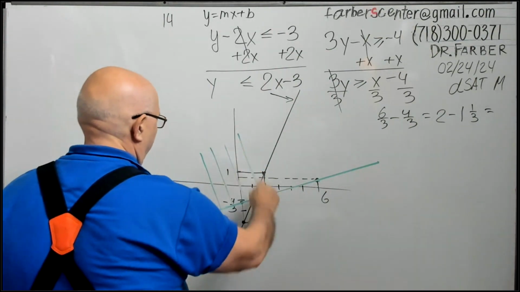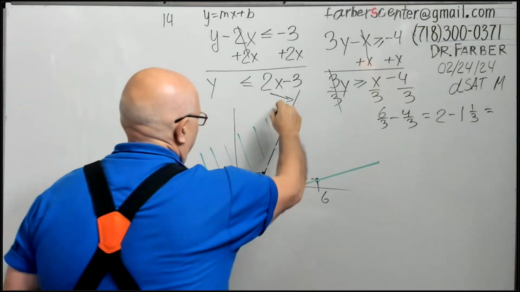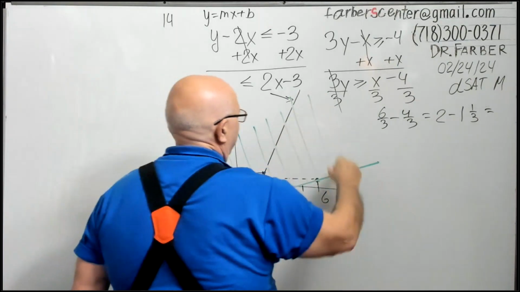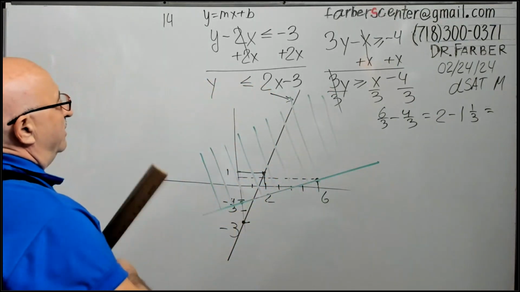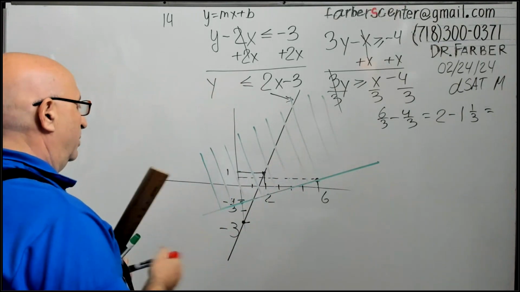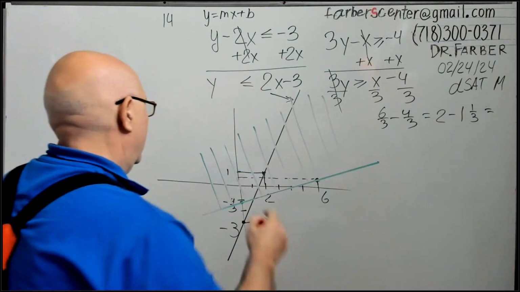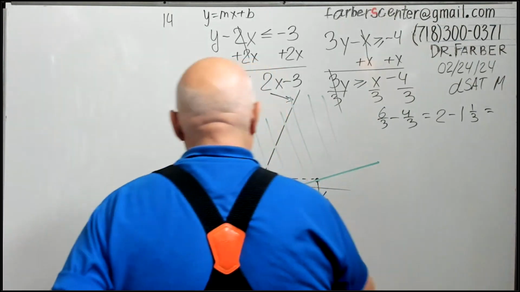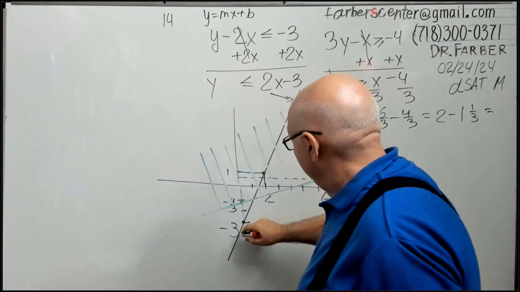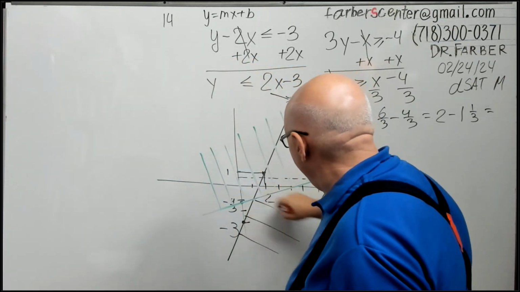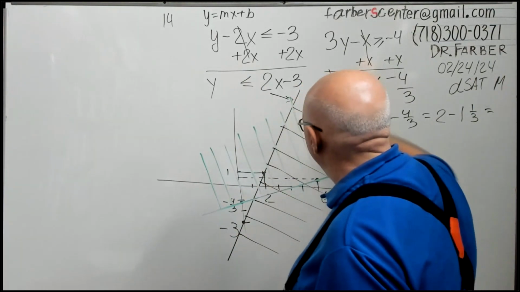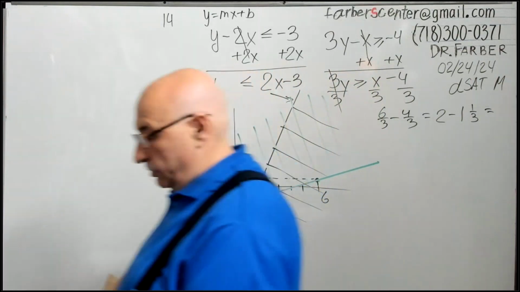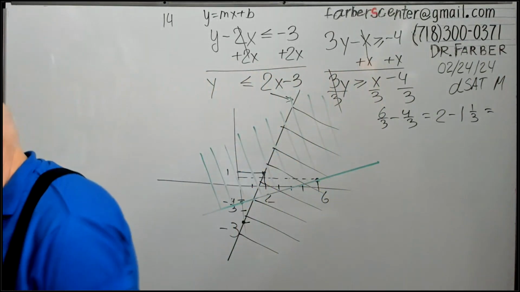Shade this semiplane above this line. And less than or equal to x minus 3 is below this line. Better to make it with perpendiculars. And if you have the solution set, now read the question.